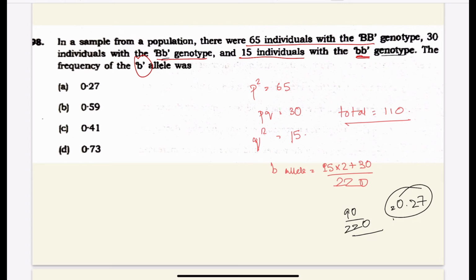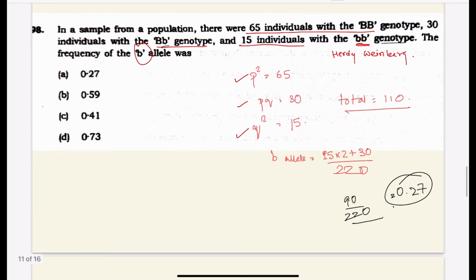Here we are going to use the famous Hardy-Weinberg equilibrium principle and assign p square, pq and q square their values. Here it is p square is 65, then pq, the heterozygous, is 30, and small b, that is the q square allele, is 15. So in total that is 110.